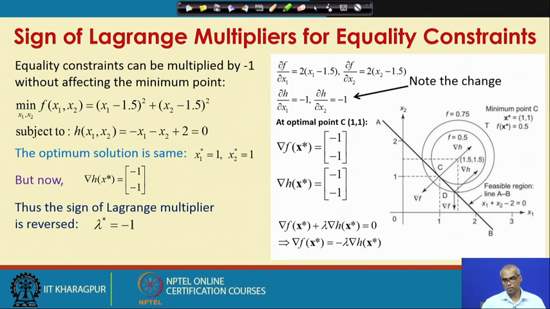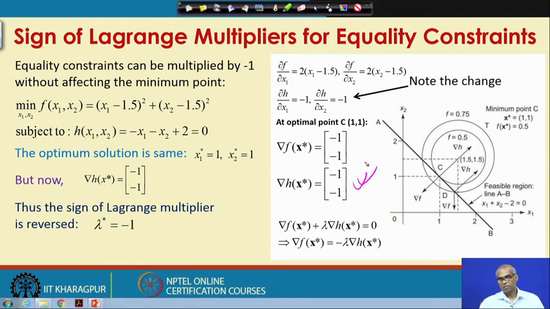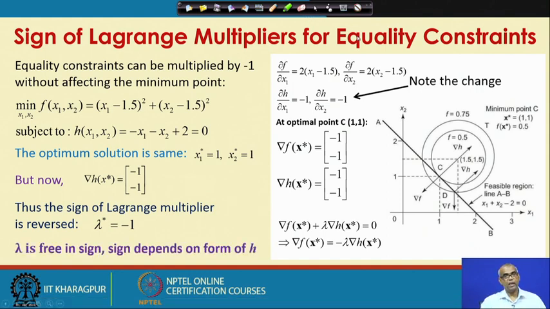The optimal solution is the same as C, so x1 star equal to 1, x2 star equal to 1, but since the gradient of h at C is now negative, the lambda star will become -1, so that this becomes true. So what we conclude is that the Lagrange multiplier is free in sign. The sign of the Lagrange multiplier depends on the functional form of the constraint function.